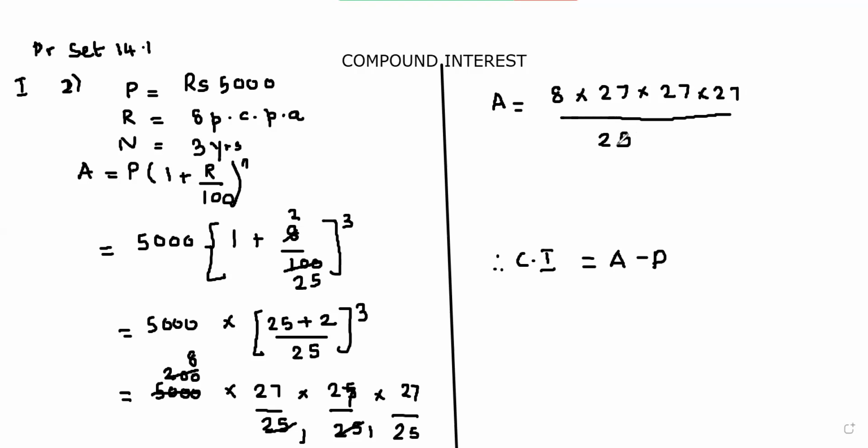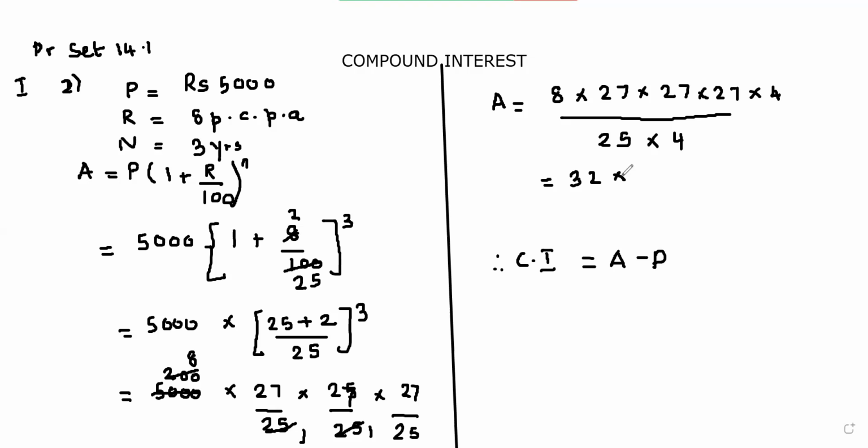So in order to make it cancel, what we can do is multiply the numerator by 4 and the denominator by 4. Now what is the advantage of this? I will get 32 into, first I'll multiply 27 three times, 27 into 27 into 27.